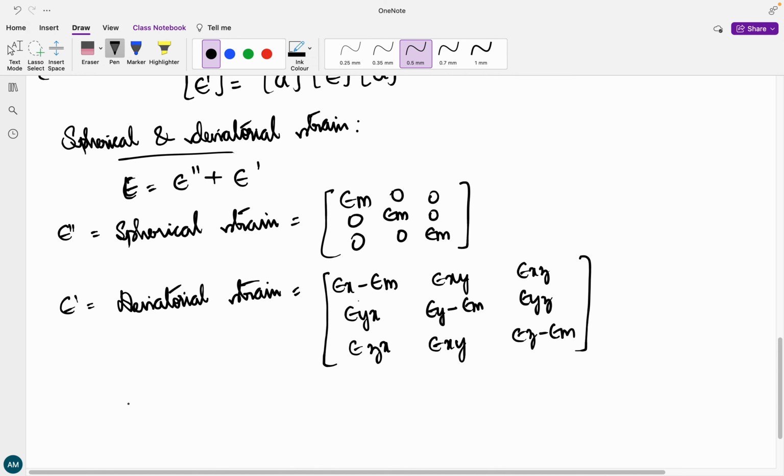So this is deviatorial. The mean strain epsilon m is given by (epsilon x plus epsilon y plus epsilon z) divided by 3.